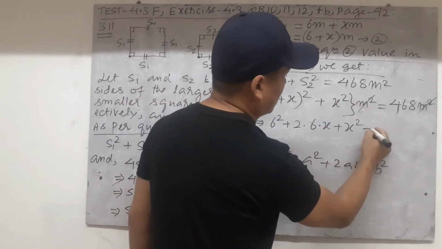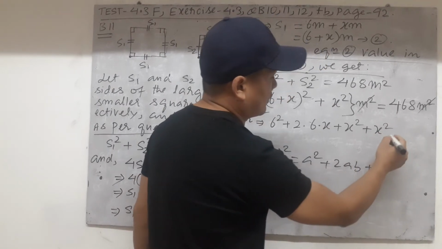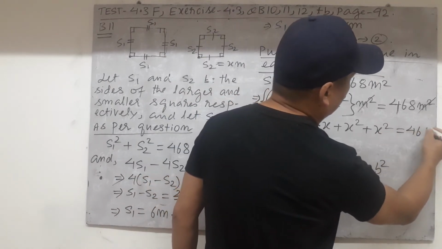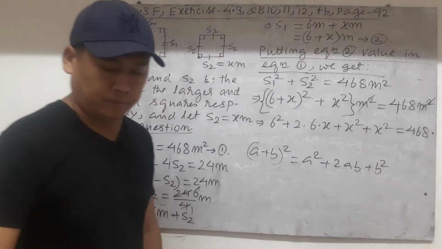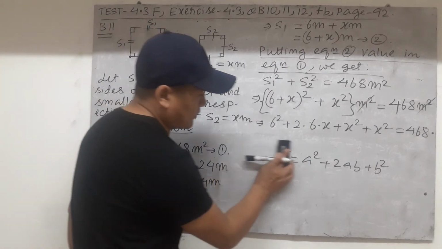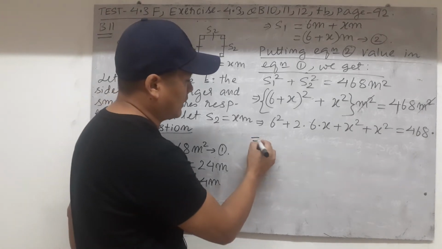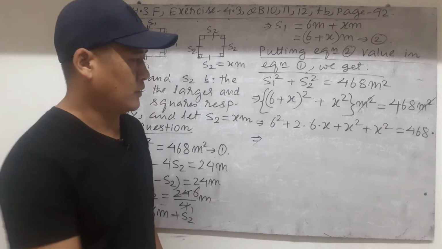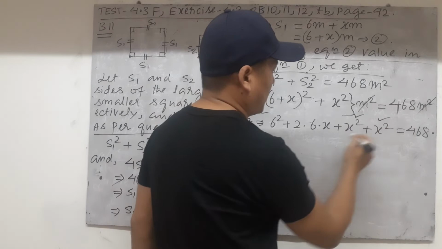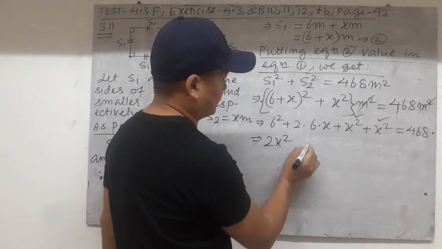Then here x square on its own is equal to 468. Okay, now let us try to arrange them in the usual form of quadratic equation, having x square term first. So x square plus x square is 2x square.